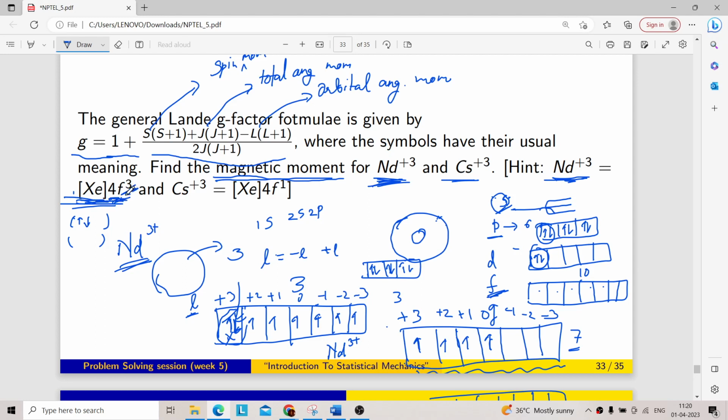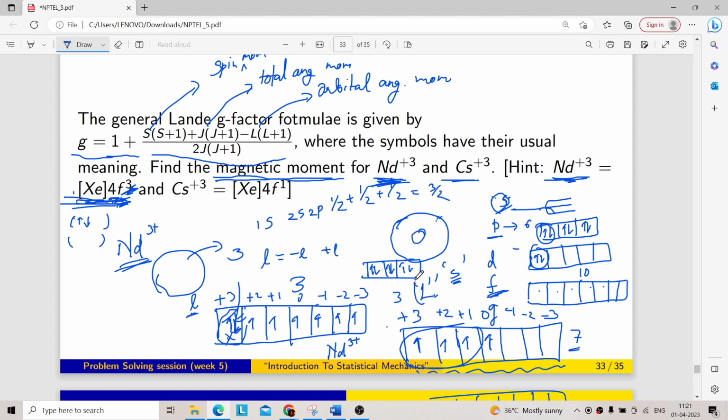There were 3 unpaired electrons in the f subshell, so we arranged them in 3 suborbitals and we got the L value, the total orbital angular momentum, and we got the total spin angular momentum. They are spin up states in three different suborbitals, so their spins add up, half plus half plus half, so this is 3 by 2.